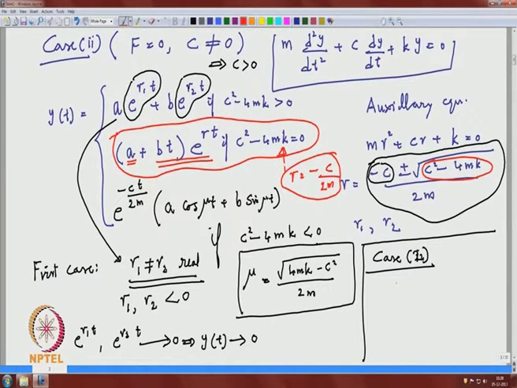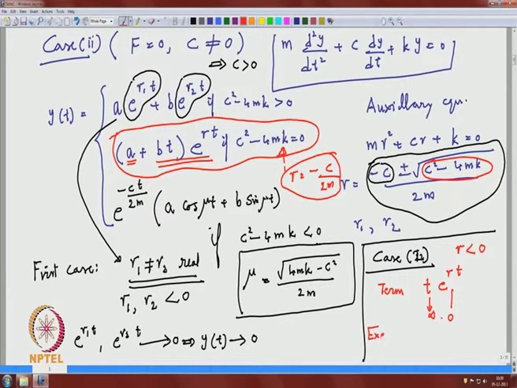The second term has e power rt. R is negative, no problem, because r is nothing but minus c by 2m. But here is a term which goes to infinity, and here is a term which goes to 0. So, there is an indeterminate form.